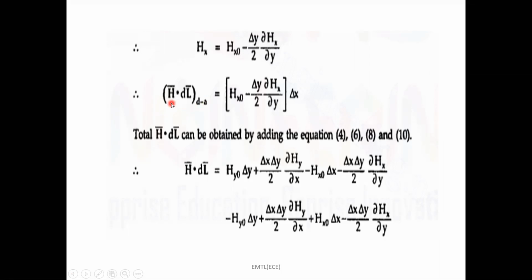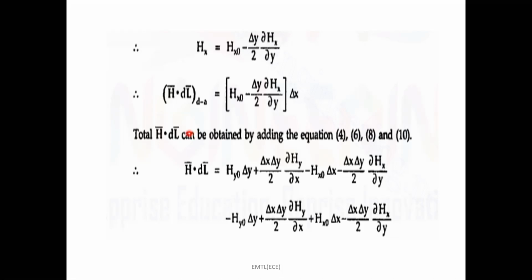So H bar dot dl bar value for D to A is expressed as Hx naught minus delta y by 2 dou Hx by dou y into delta x. So these are the total expressions for the magnetic field intensity at the point for a closed path.